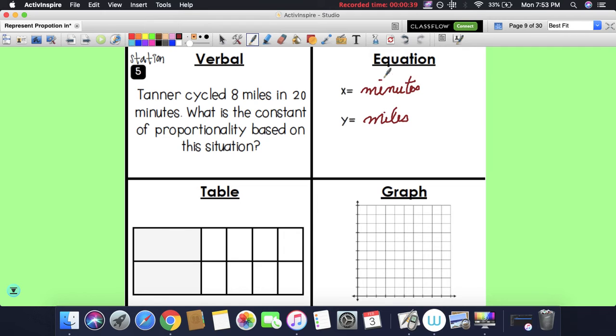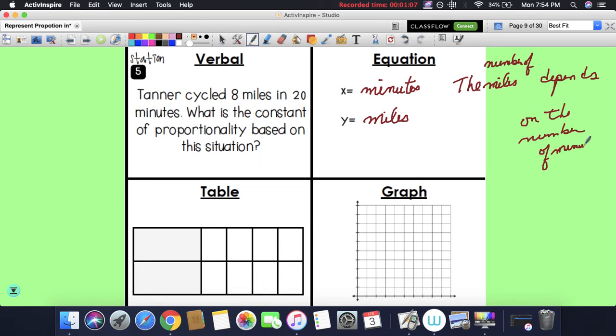Okay, so when you think about it, the number of miles that you're going to run depends on the number of minutes you're going to be running, right? So the more time you're given, the more miles you can cover, which makes the minutes the independent and the miles the dependent.